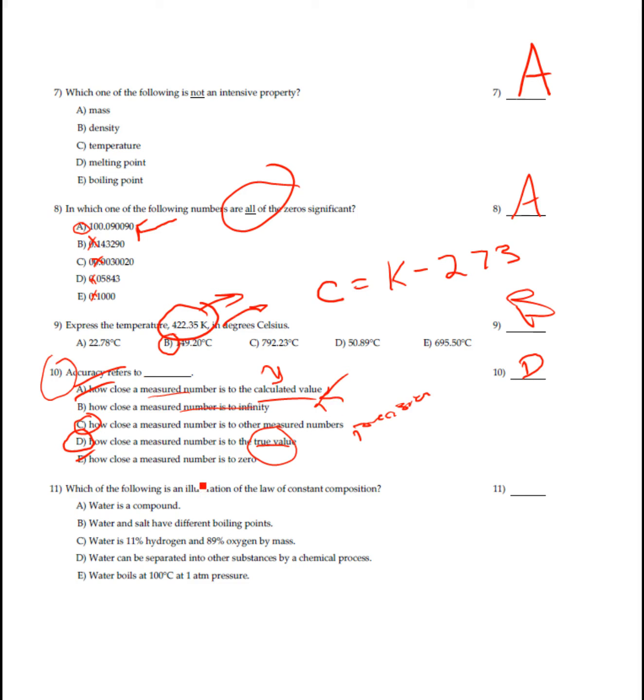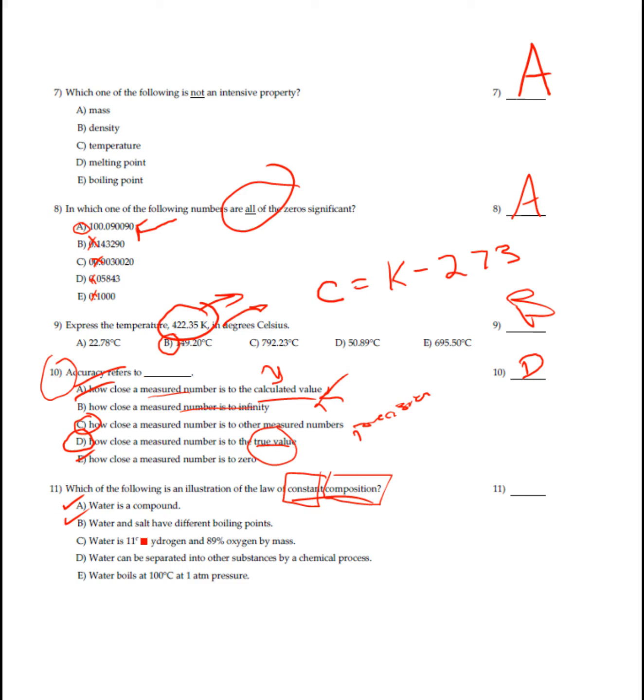Number 11, which of the following is an illustration of the law of constant composition? Think about that. That means it doesn't change in composition or its parts. Water is a compound. That is true, but it has nothing to do with the law of conservation. Water and salt have different boiling points. That's true, but it has nothing to do with it.